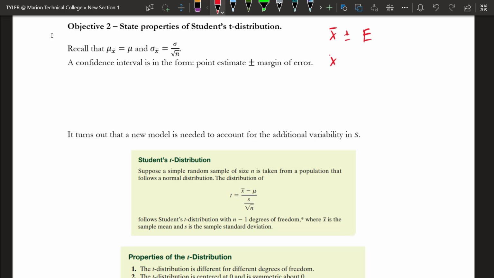Just like last time, we might think it would be z alpha divided by 2 times the standard deviation of x bar. We know the standard deviation of x bar, so we could plug that in. I would have x bar plus or minus z alpha divided by 2 times sigma over square root of n.